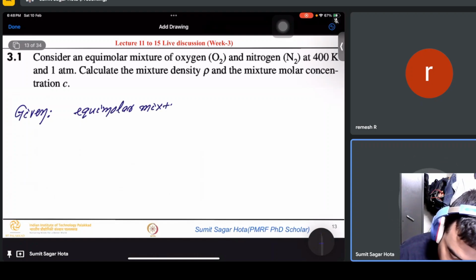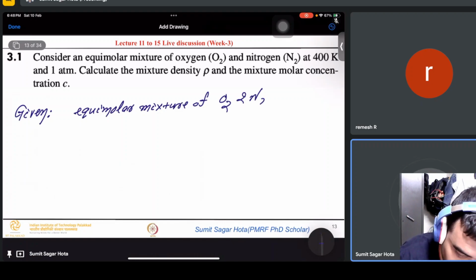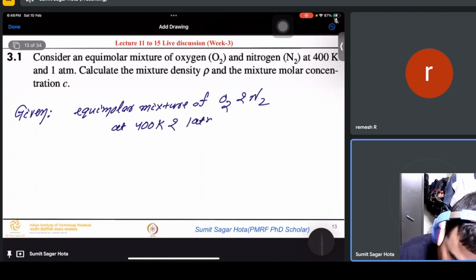Molar mixture of O2 and N2 at 400 Kelvin and 1 atmosphere. Since temperature is given, pressure is also given. So what do you need to find?